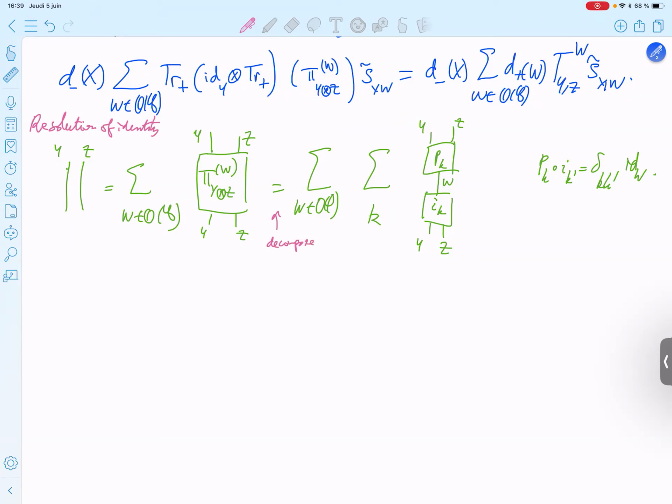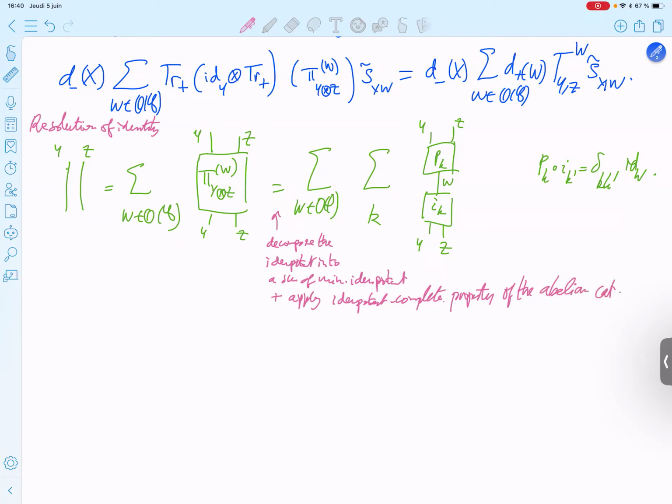Decompose the idempotent into a sum of minimal idempotent, plus apply the idempotent complete property of the abelian category, Karoubian.